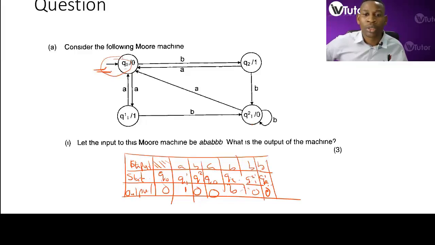So Q0, when you read a B, you go to Q2. At Q2 and you read a B, you go to Q0. If you're in Q0 and you read a B, go to Q21.